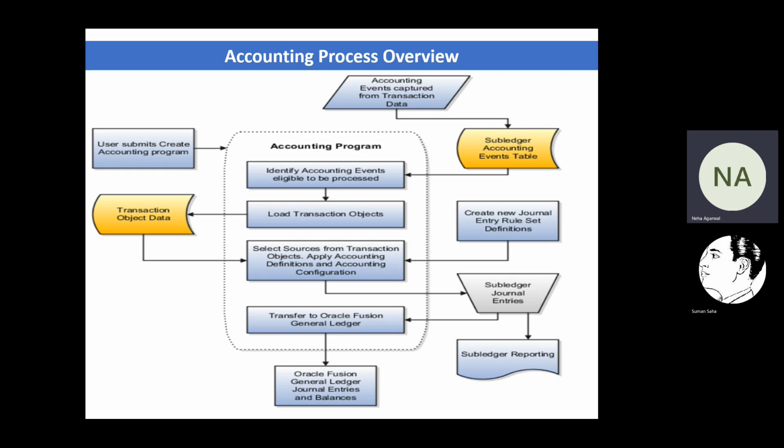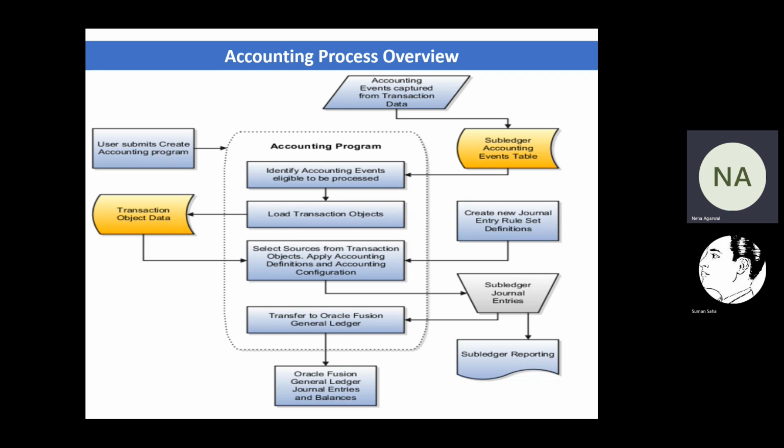The create accounting program uses the transaction objects data to create subledger general entries. So as I've told you, if you want to have a customer name or the loan officer name appearing in your description rule, then that value will be taken from the relevant source data provided by the transaction objects.